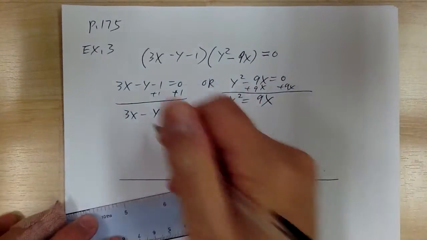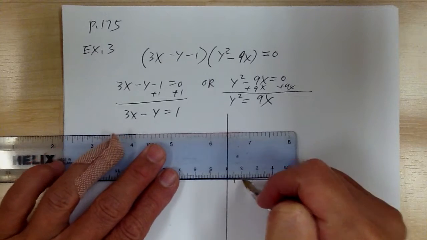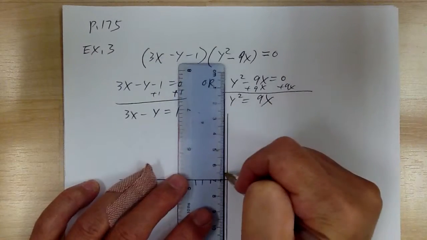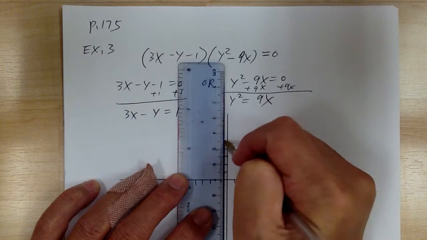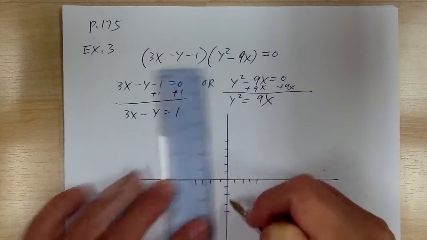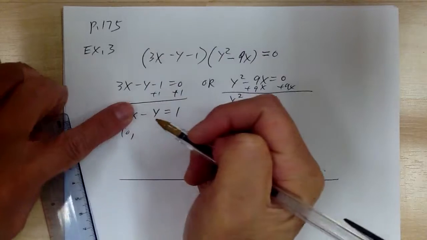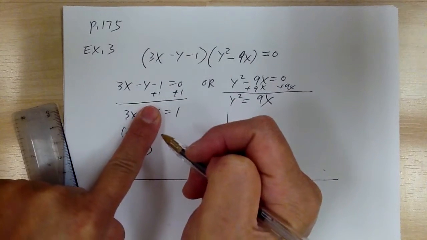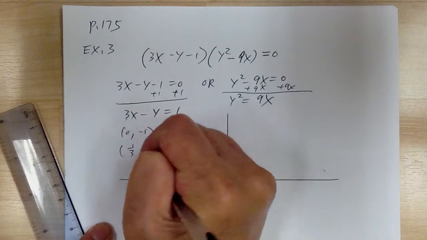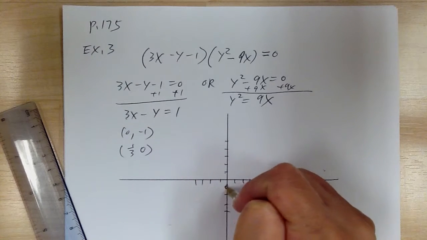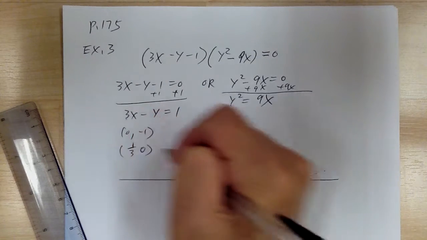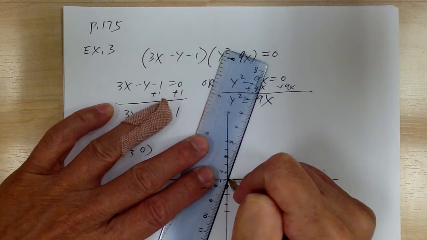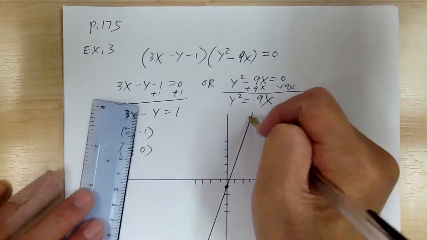If you were to sketch this, if you let x equal 0, y equals negative 1. If you let y equal 0, x equals 1/3. So the points are (0, -1) and (1/3, 0). So your graph is going to look like this.